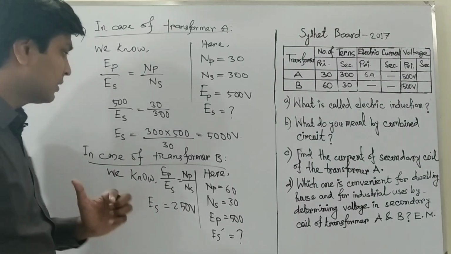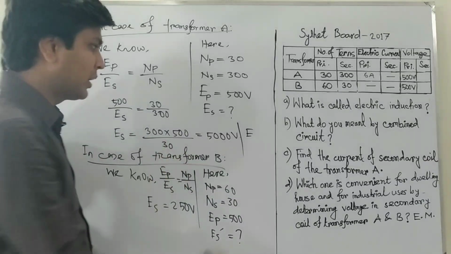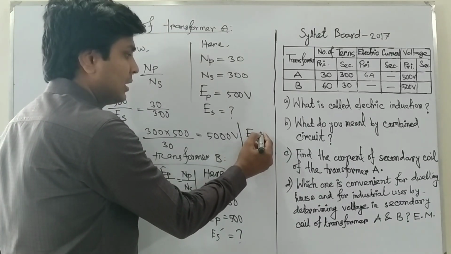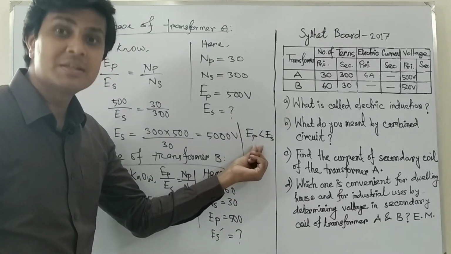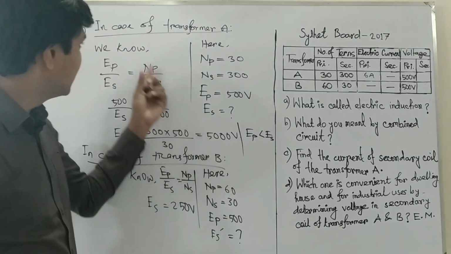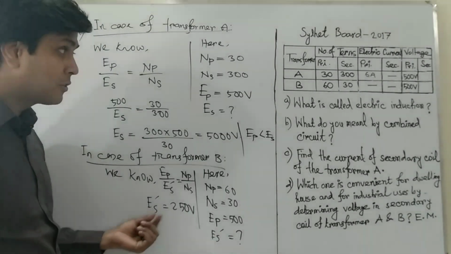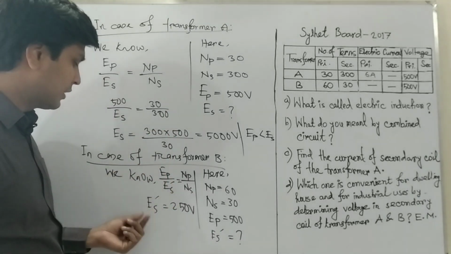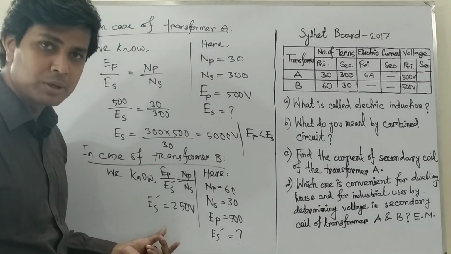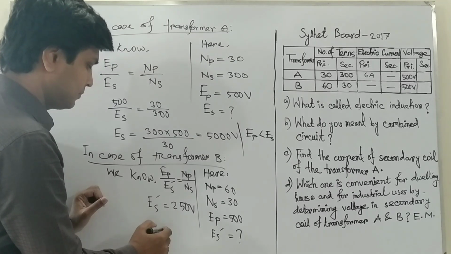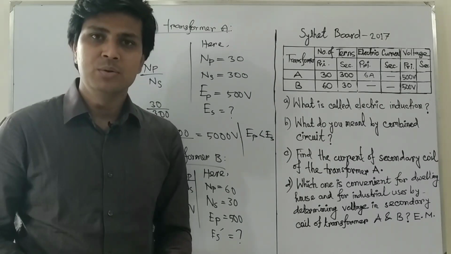If we compare, for transformer A we can see EP is less than ES, so the transformer is a step up transformer, and a step up transformer is used for industry. For transformer B the voltage of primary coil is 500 volt but the voltage of secondary coil is 250. That means it is a step down transformer, and we know the step down transformer is used in our house.